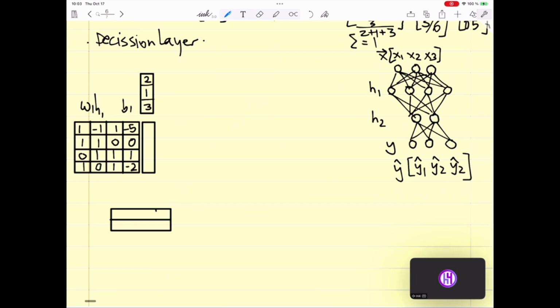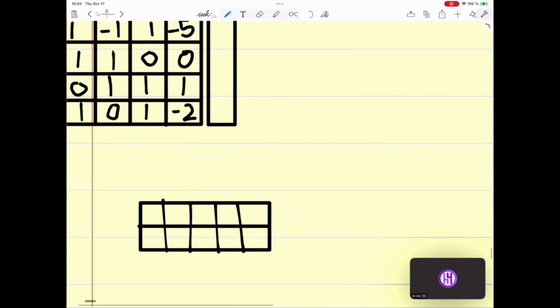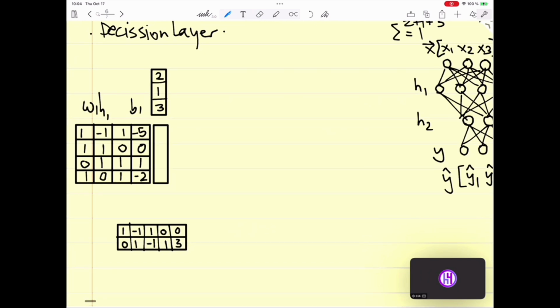Yeah, that's better. Just copy the same: -1, 1, 0, 0, 0, 1, -1, 1, 3. This is weight H1, H2, and B2.